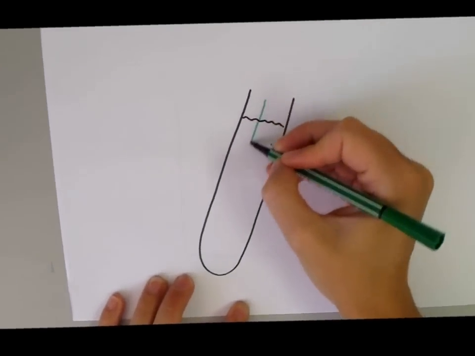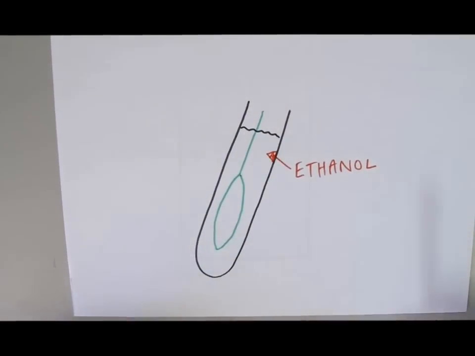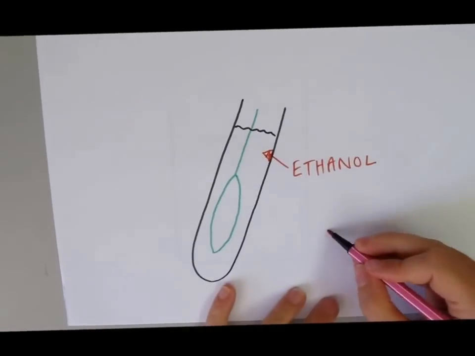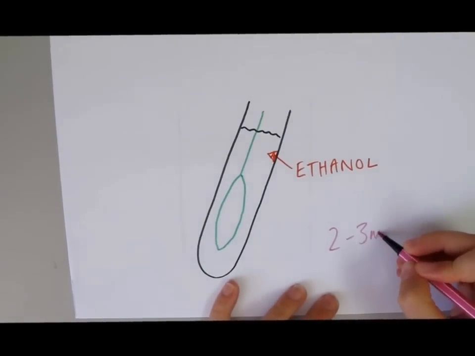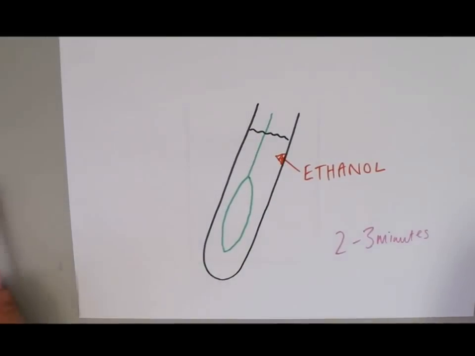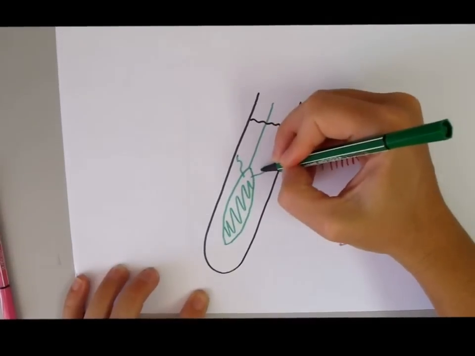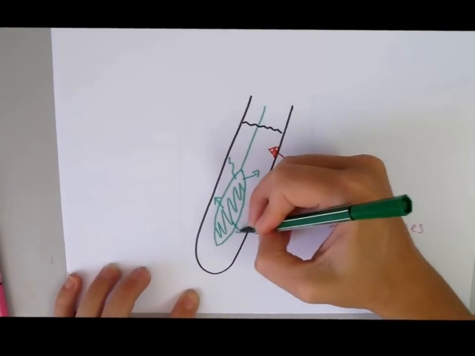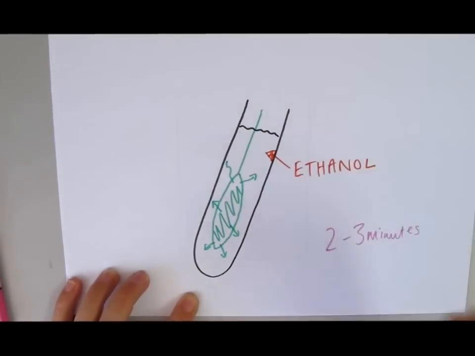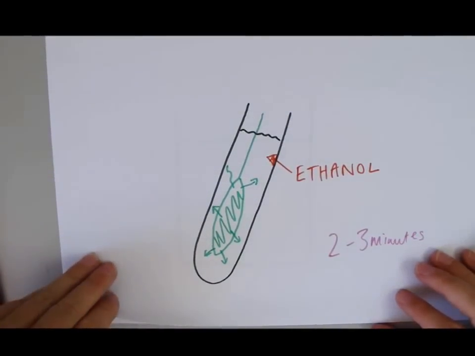Then you put your leaf inside the ethanol, and you're going to leave it in here for 2 to 3 minutes. And what you will see is that the green colour of the leaf starts to leave the leaf and enter the ethanol. So you're going to end up with very green ethanol and a hopefully less green leaf.